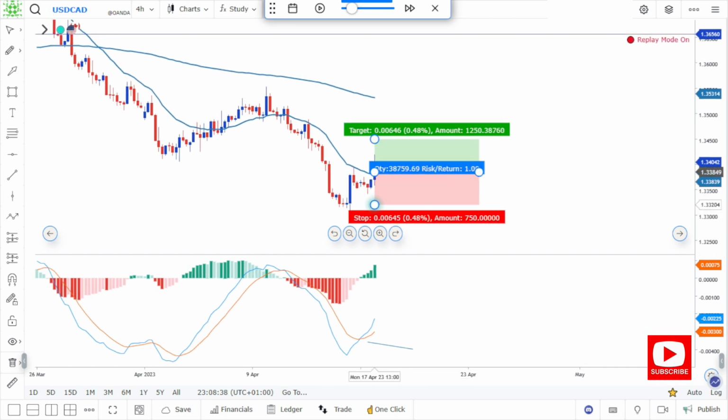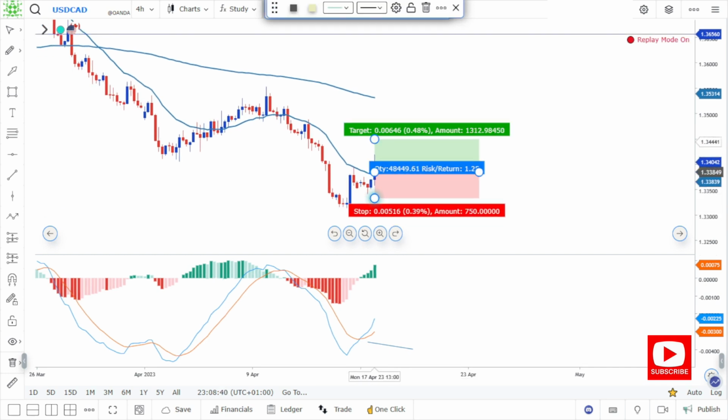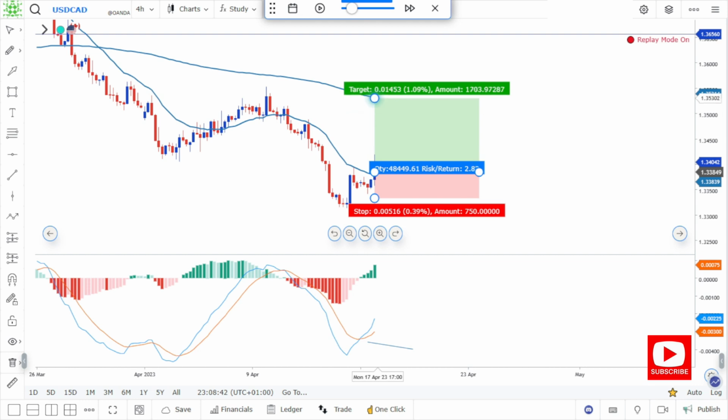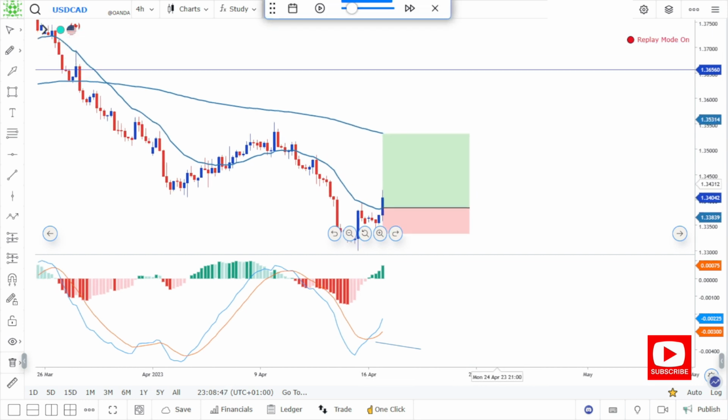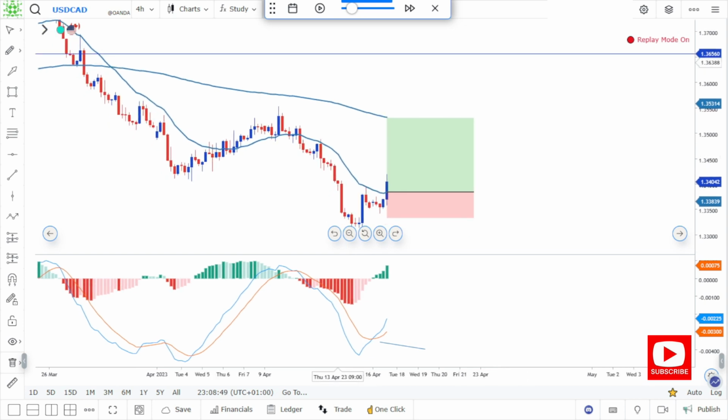So we are going to be taking our buy trades right there. Stop loss is in a very tight spot, and our take profit is going to be the moving average 200. So let's see how price played once the strategy conditions were met.